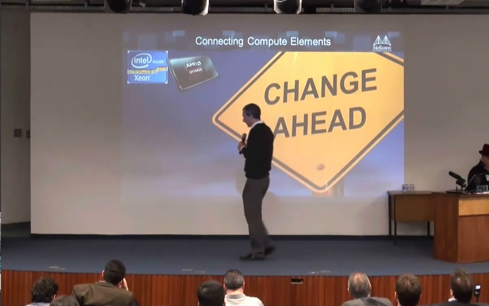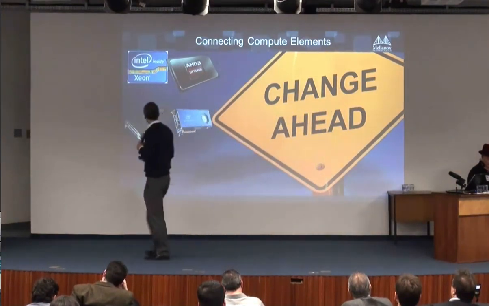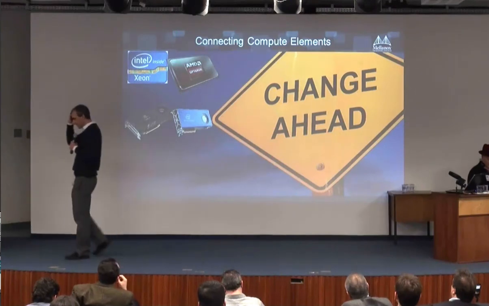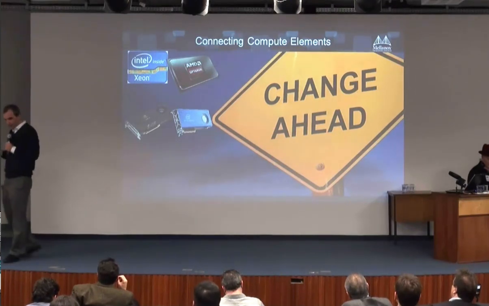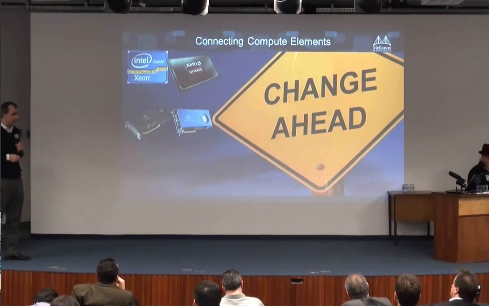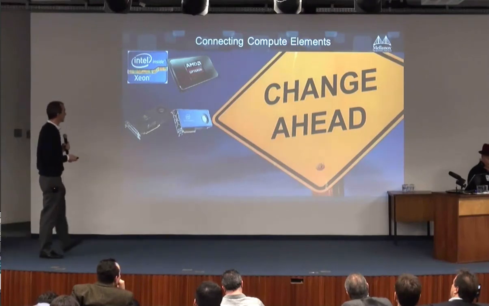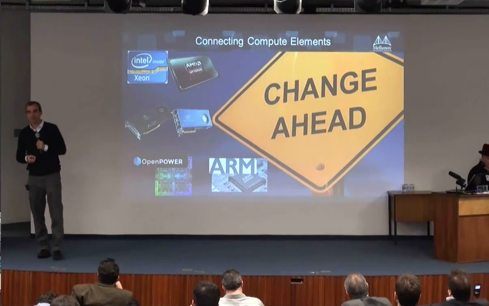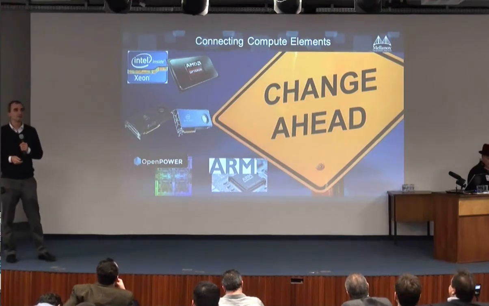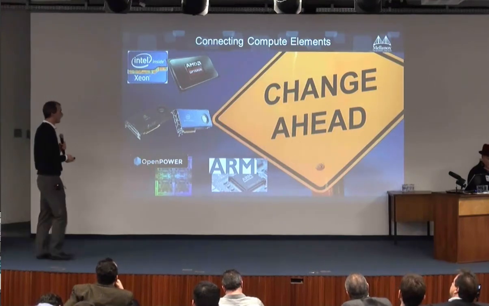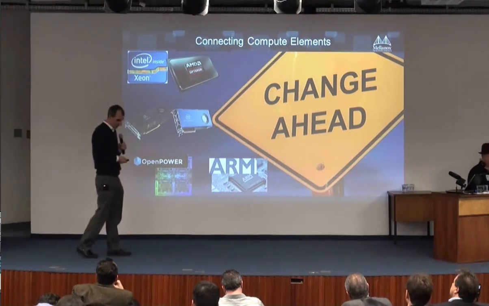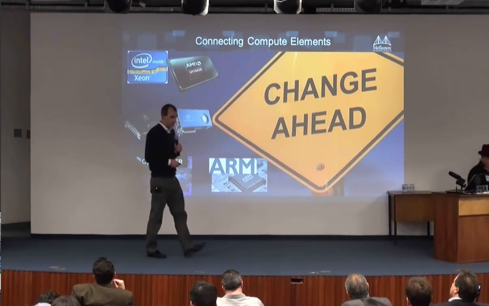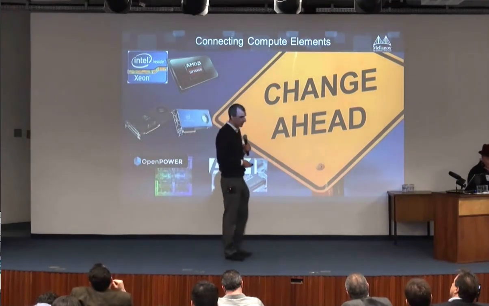As I was saying before, we understand that in the future there will be a heterogeneous world built with compute power of different sizes and shapes. We recognize today the prevalent x86 architecture.